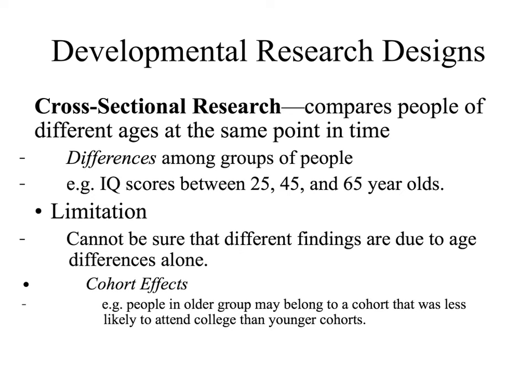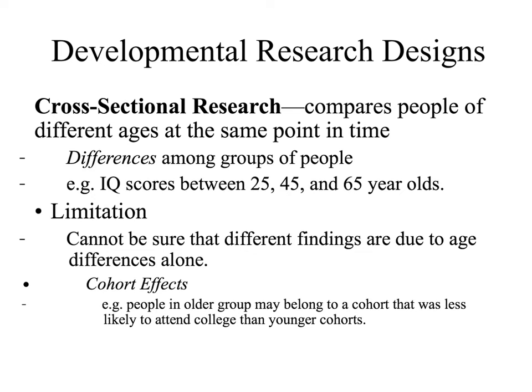If we look at the cross-sectional research, it basically compares the differences among groups of people. And if we were to look at the example provided here, measuring the IQ scores between 25, 45, and 65-year-olds could be simply done by advertising this for a month or two and getting people from our community to come over on a Saturday morning and taking a traditional IQ test.